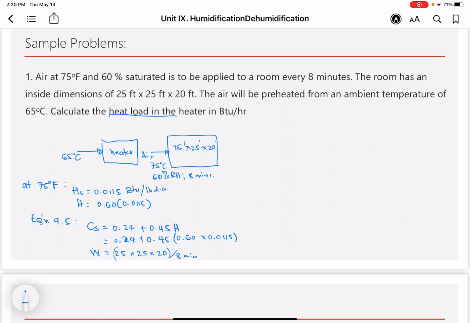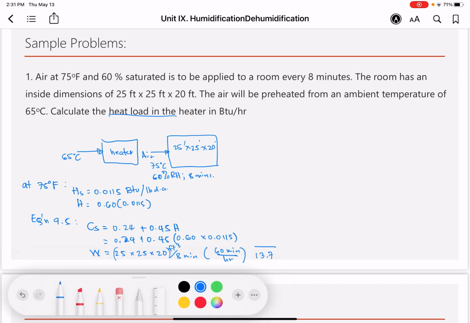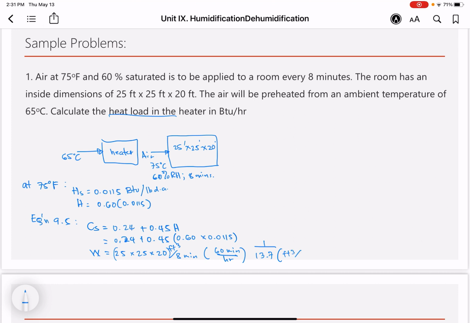So this is in cubic feet per minute, times 60 minutes per hour, times 1 over the specific volume. 1 over the specific volume is around 13.7 cubic feet per pound dry air.